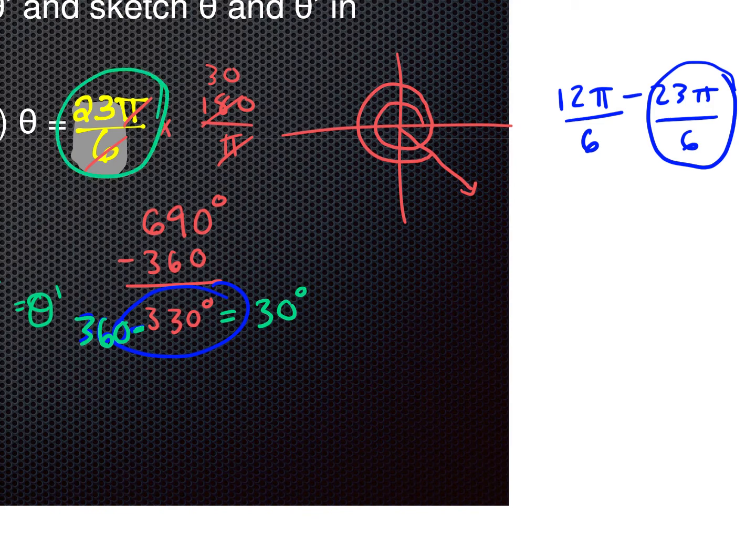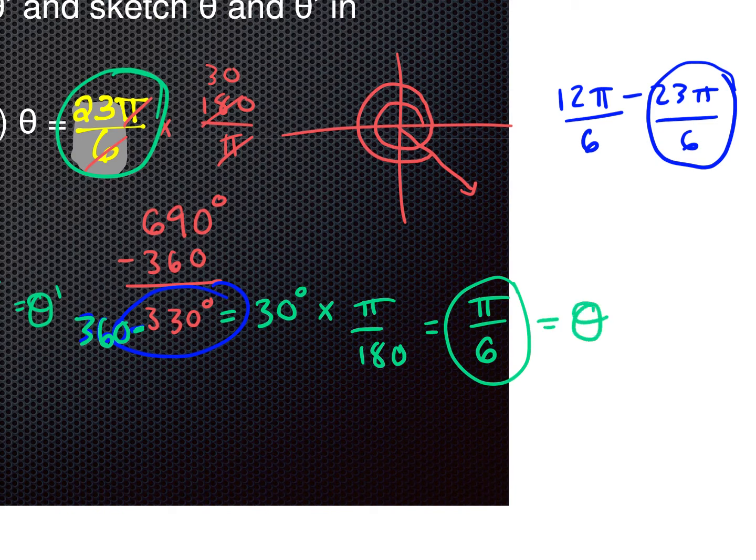Since our question was given to us in radians, the answer has to be in radians. So converting 30 back to radians, we multiply it by pi over 180. And what do we get? Pi over 6. Awesome. So pi over 6 is our reference angle, which would be from our terminal down. So this would be theta prime.